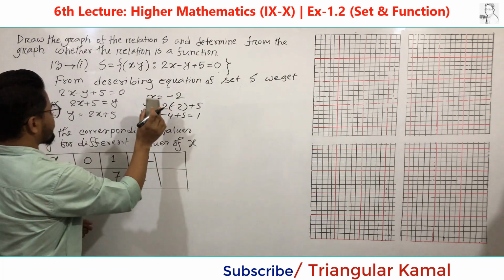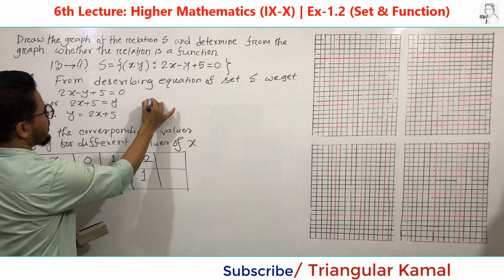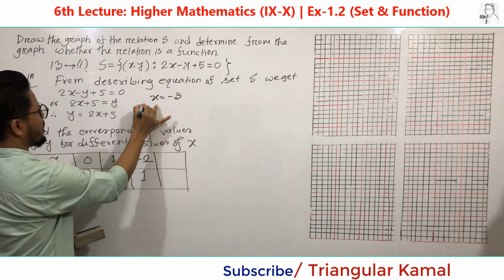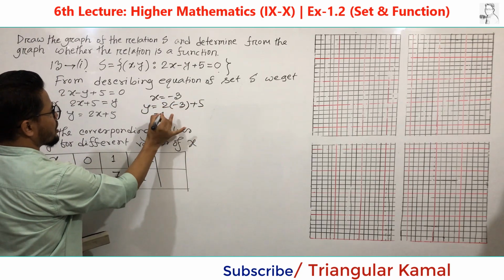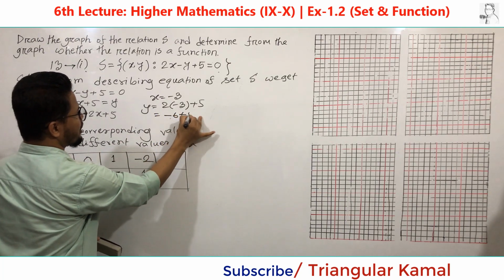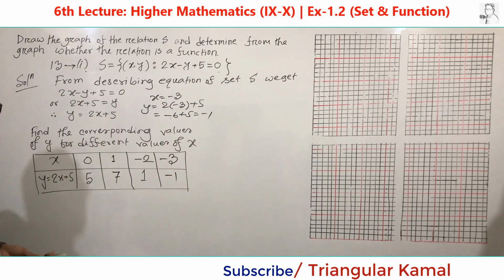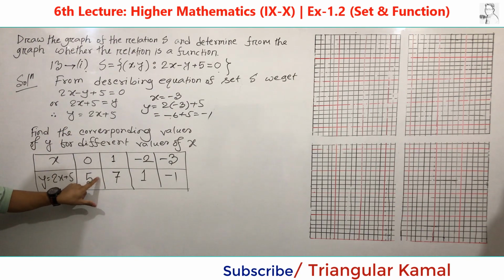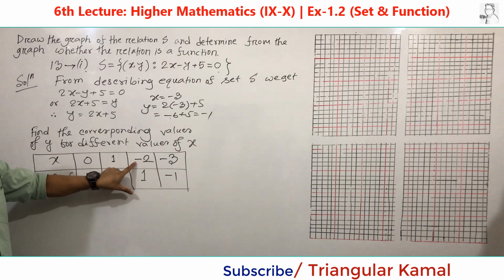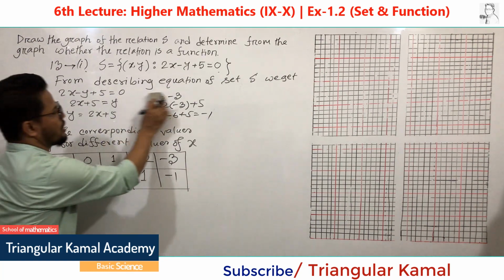When x equals minus 3, then y will be 2 times minus 3 plus 5, that means minus 6 plus 5 equals minus 1. So for minus 3, this one will be minus 1. Just revise again. The equation is y equals 2x plus 5. x equals 0, y will be 5; x equals 1, y will be 7; x equals minus 2, y will be 1; x equals minus 3, y will be minus 1.